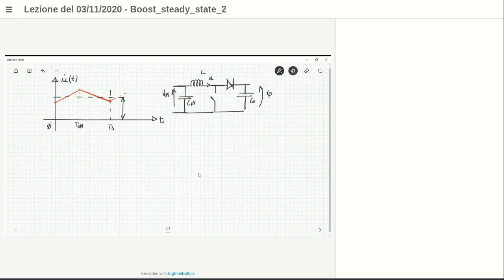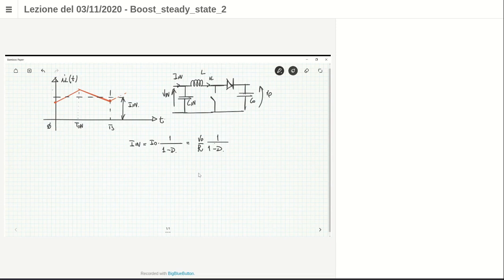Okay, so the inductor current is here. The average value of this inductor current is the DC input current. And we found that the input current is derived as I naught over 1 minus D. So you can write it also in this way. I naught is V naught divided by the load.